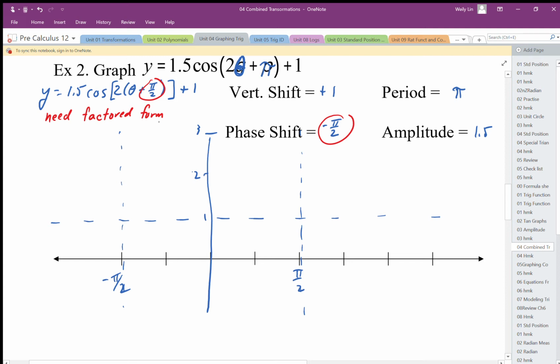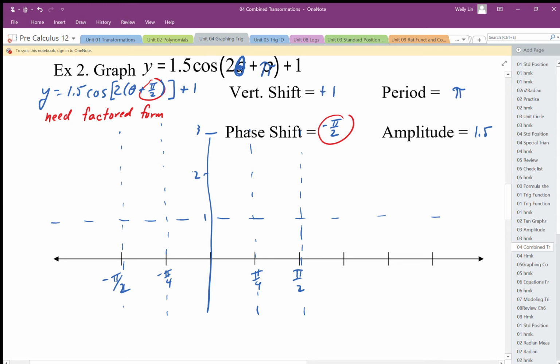I want to draw my quadrants. Okay, those are my 4 quadrants. I need to establish the position of those 4 quadrants. Halfway between here is going to be negative pi over 4. Here is going to be pi over 4. Okay, I've established my quadrants, my middle. Now I want to use my amplitude to graph this.